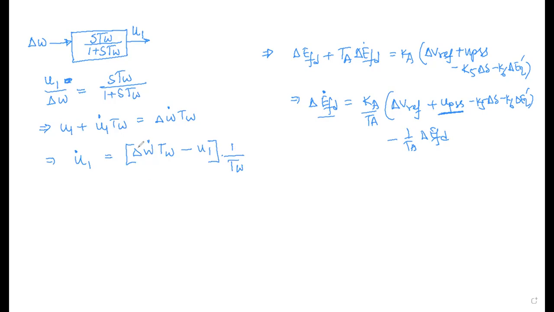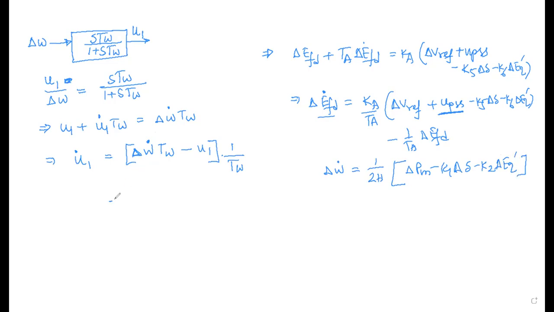Now the problem is that on the right hand side we have another derivative of a state variable, del omega dot, but luckily we know the expression of del omega dot. I have erased it, so let me rewrite it here. This is 1 upon twice H, del PM minus K1 del delta minus K2 del Eq prime, of course without the damping.